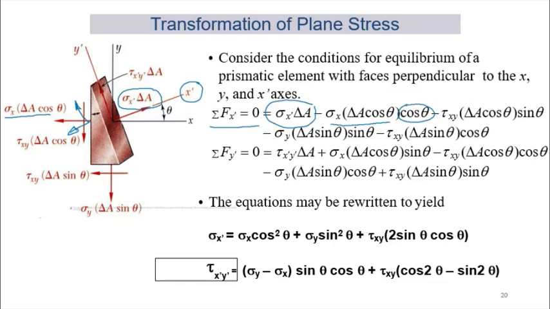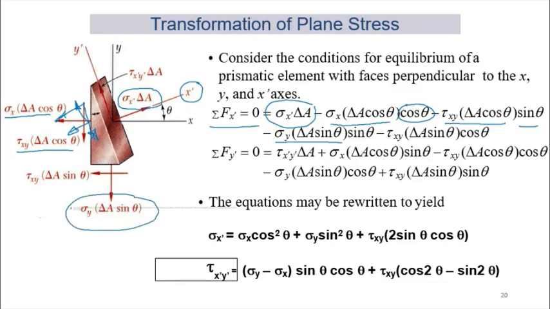Similarly, for tau xy, tau xy times delta A cos theta, this arrow here, will also have two components. So it will have a component in the x prime direction and another component in the negative y prime direction. Okay, so it's minus tau xy delta A cos theta, and the component in the minus x prime direction, right, is sin theta. And then this is due to sigma y delta A sin theta, so that's this force here.